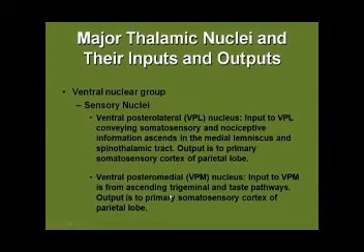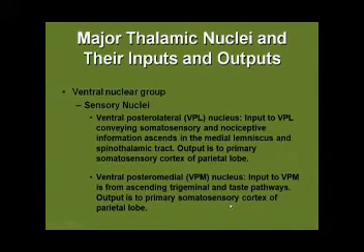Then, the favorite somatosensory nuclei are VPM and VPL. VPL is our body somatosensory relay nucleus, which is the thalamic relay for both the dorsal column medial lemniscal system and the spinothalamic tract, relaying all of that general body wall sensation to primary somatosensory cortex in the parietal lobe.